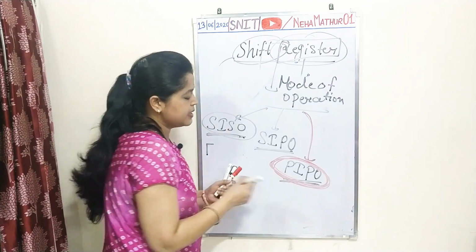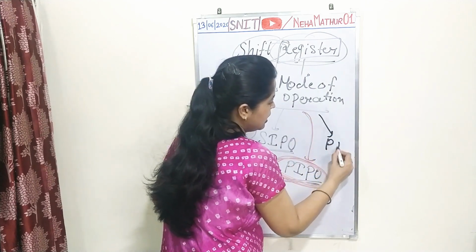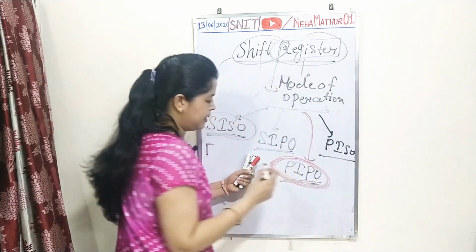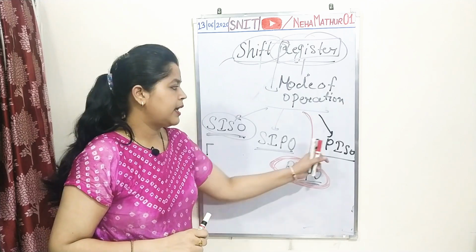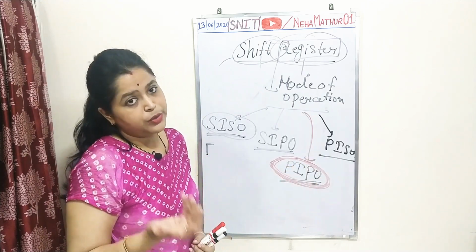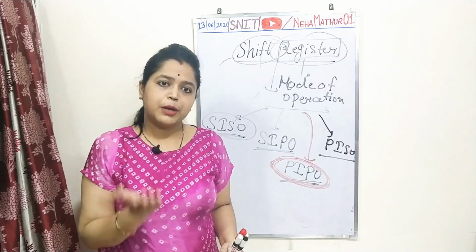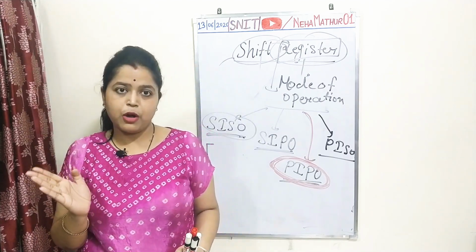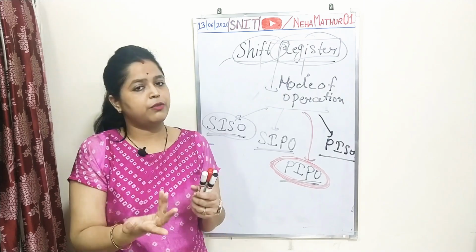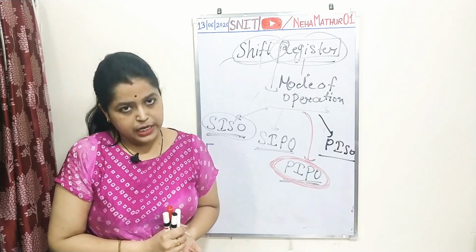Now come to the next, that is parallel input and serial output. Again you are going to enter your data in parallel form, but you are retrieving your output in serial, and serial means shifting, because the output of the first flip flop is going to enter the input of the second flip flop.